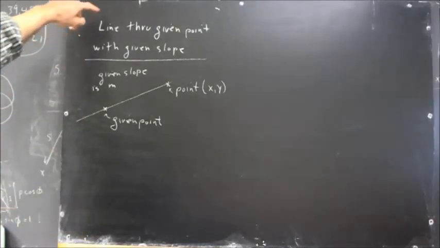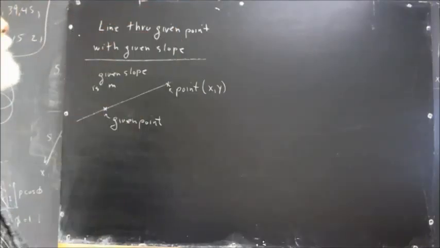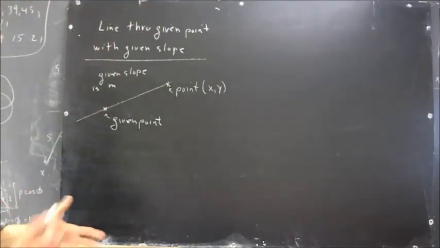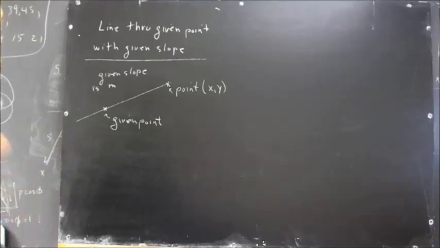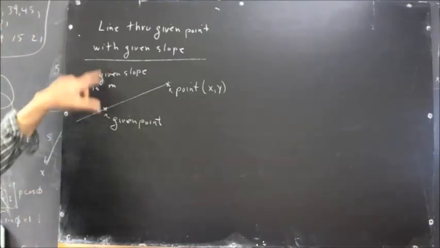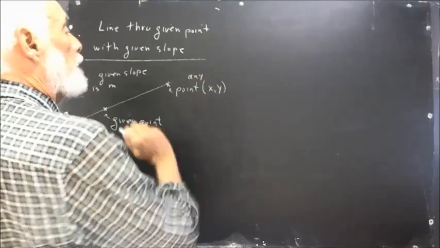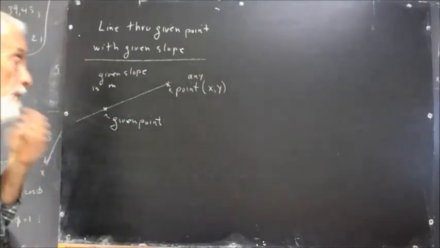Had a question about finding a line through a given point with a given slope. The situation in general is this. I'll do a specific example, but let's say you have a given point here, and the given slope is m, and this is any point xy.